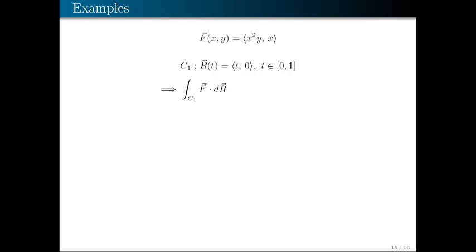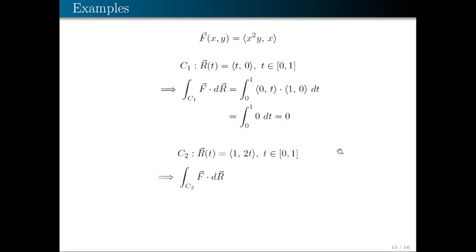Okay, so for the first line integral, the line integral of f dot dr over C1. This is C1 and this is our force field f. So x would be replaced by t, y by 0. So f can now be written out as (0, t). Then you have dr to be the vector (1, 0) times dt, integrated from 0 to 1. The dot product is just 0, so the integral of 0, of course, is just 0.